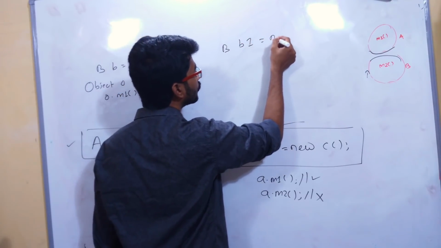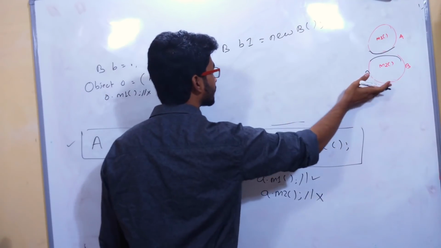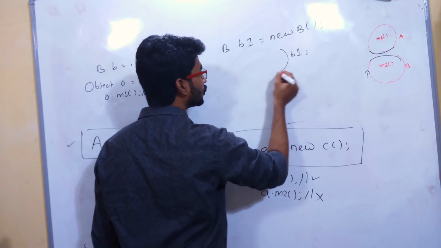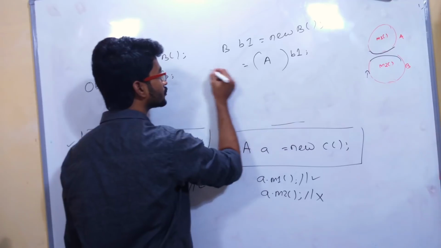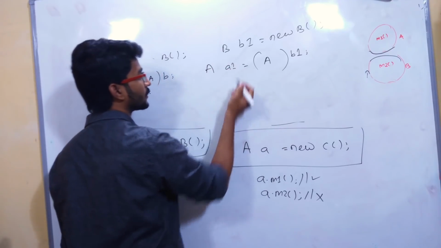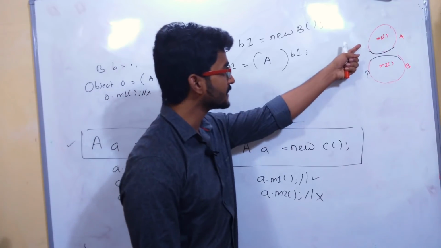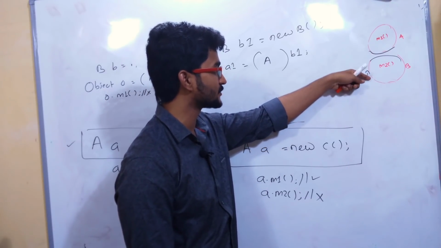B1 equal to new B. This is this class reference. So can I cast this B1 to, let's say, A type, and store it in A1? Is this a valid piece of code? You have to check. There is no relationship between this and this.